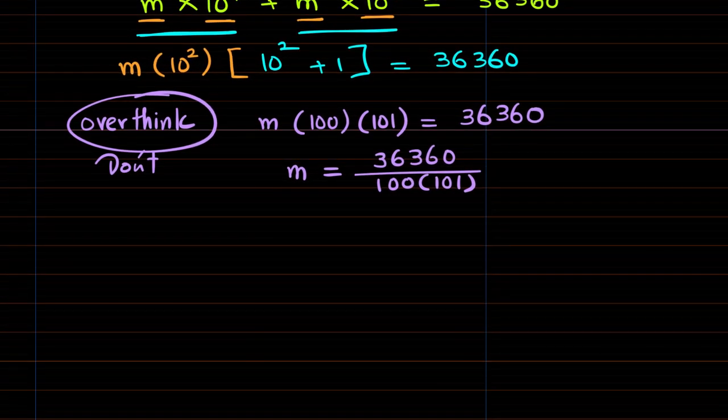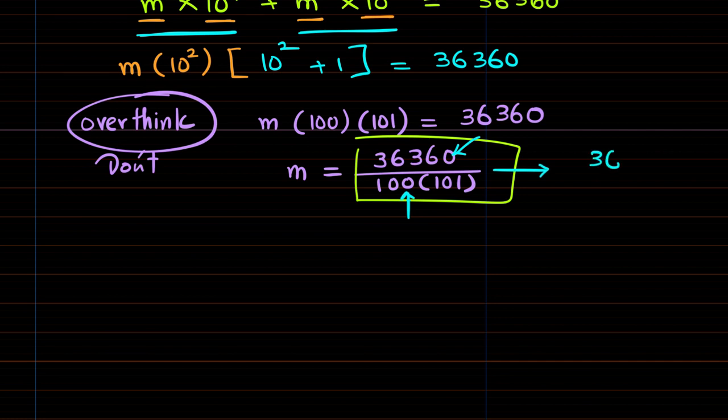Now the question arises, how will we evaluate this thing? The max that you can comfortably do is to get rid of this 0 and get rid of this 0. This leaves us with 3636 in the numerator, 10 in the denominator, 101 in the denominator. Still, you need to work it out.